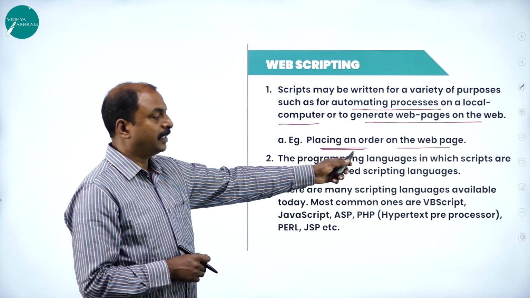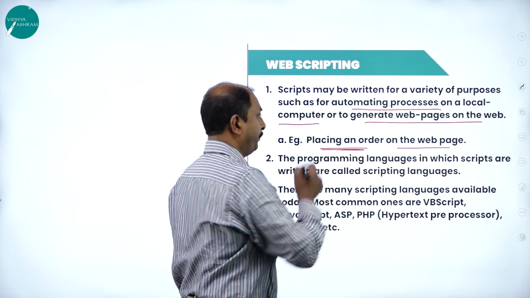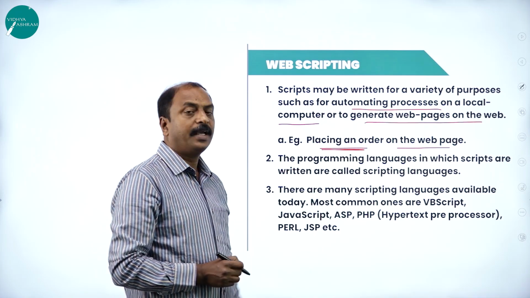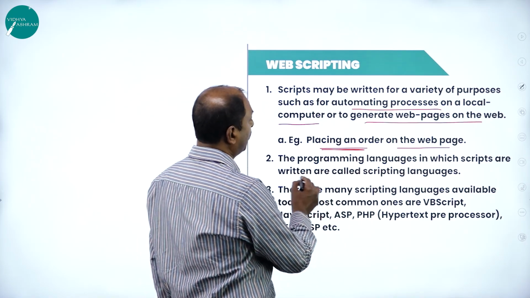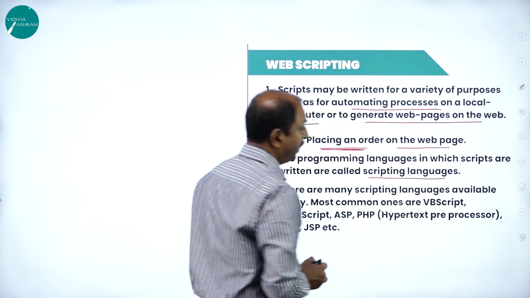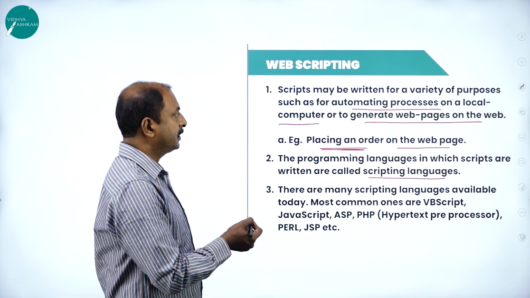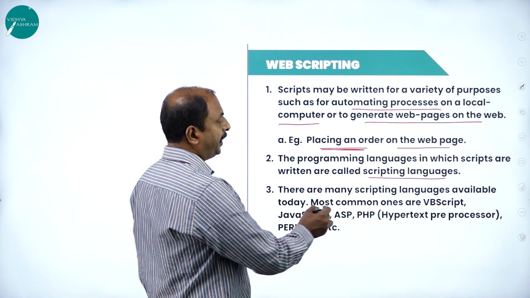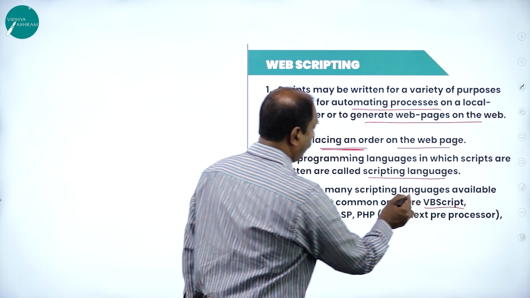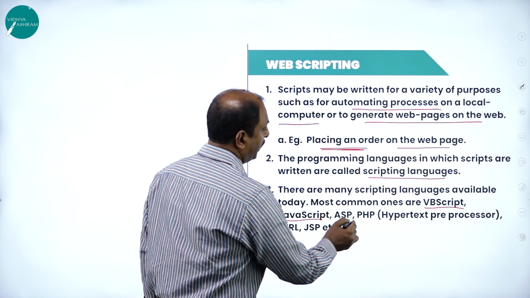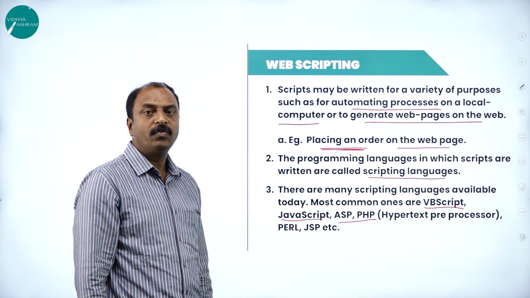So scripting is nothing but a group of commands to execute a particular operation; in this example, placing an order is one operation. The programming languages in which scripts are written are called scripting languages, through which we can write embedded scripts. There are many scripting languages, and examples are VBScript, JavaScript, ASP, PHP, and so on. So this is the definition of web scripting.